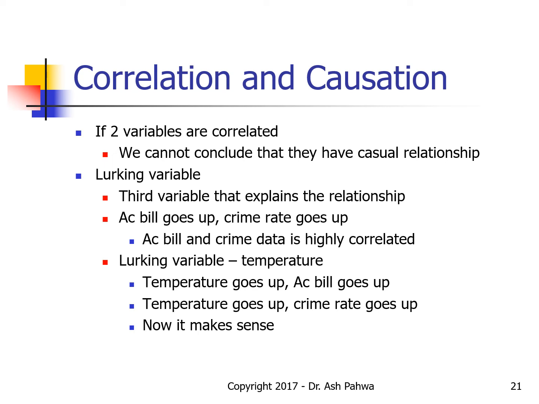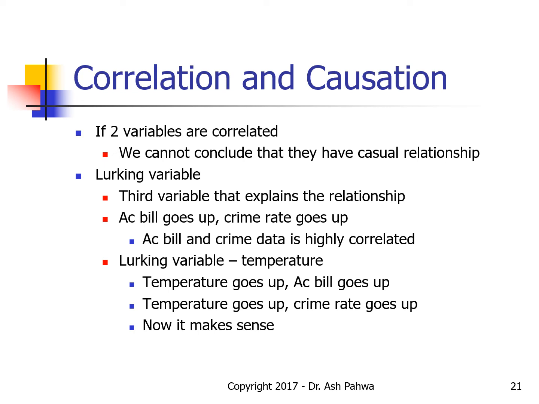So basically, correlation does not mean causation. If a correlation exists between two variables, it does not mean causation. It means that the air conditioning bill is not the cause of the crime.